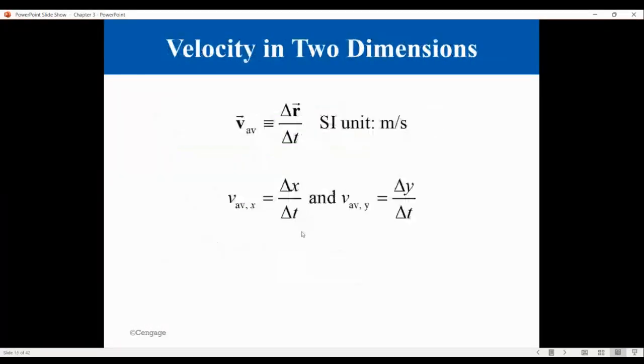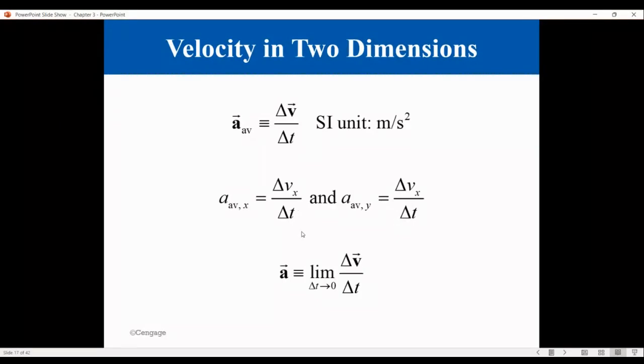Again, it's exactly the same definition, where your change in velocity will have two components, delta Vx and delta Vy. It's a mistake on the slide over there. And then acceleration is basically the tangent of the object's path along the direction of its motion. Obviously, you take between two points, that kind of thing.